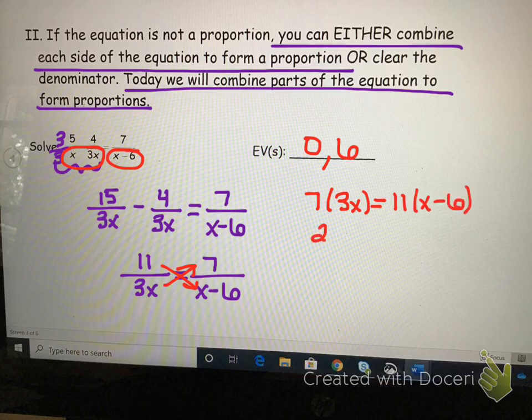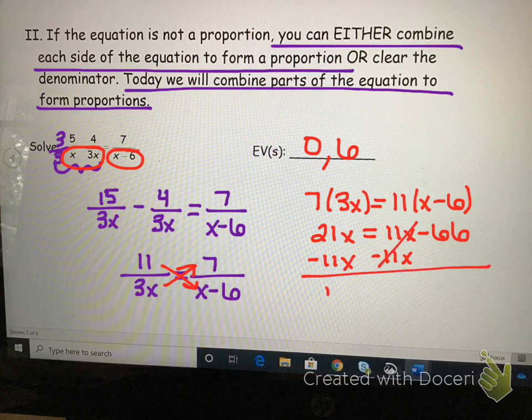And so we will have 21x on one side is equal to 11x minus 66 on the other side. And now we can move all of our variables to be together, our like terms, so we can subtract the 11x to move it to the left side. So we now have 10x is equal to negative 66.